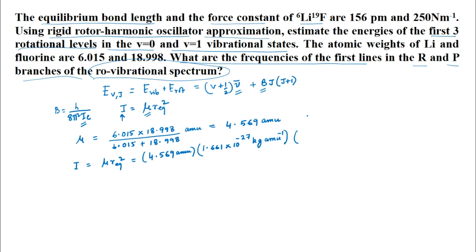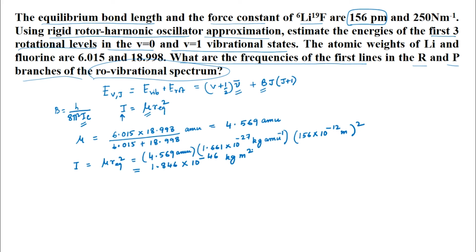R equilibrium is 156 picometer, so we can write 156 times 10 to the power minus 12 meters, whole squared. Once we do this calculation, what we get is 1.846 times 10 to the power minus 46 kilogram meter squared.